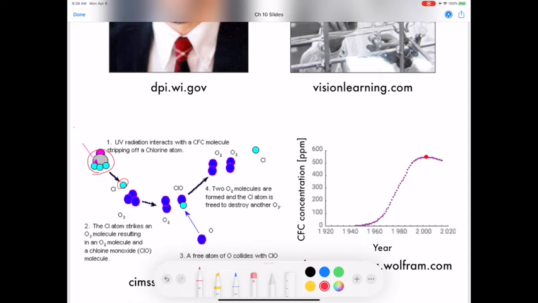These chlorine radicals can then react with the ozone molecules in the stratosphere to form O2 gas and also a chlorine oxide radical as well. These chlorine oxide radicals can then further react with various oxygen radicals that are in the stratosphere to form more oxygen gas, and more importantly, it helps reform this chlorine radical.